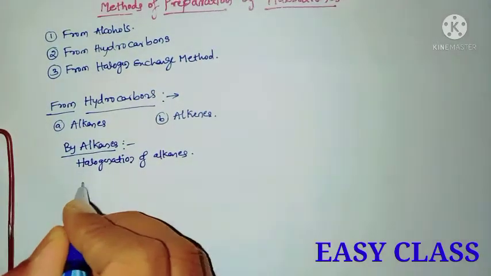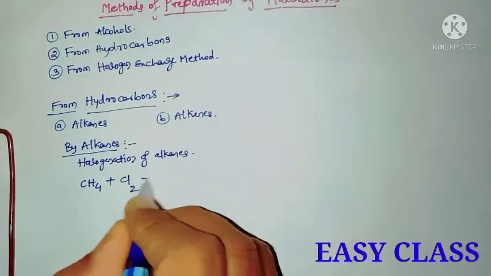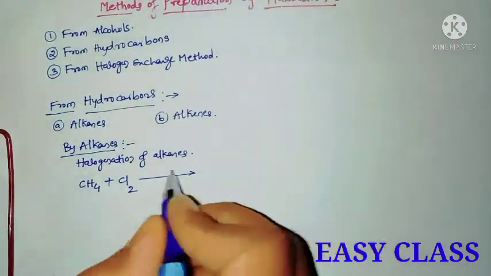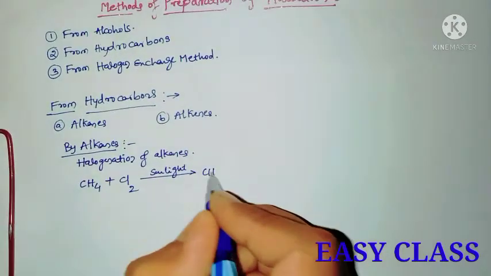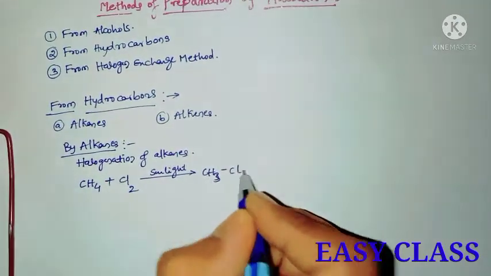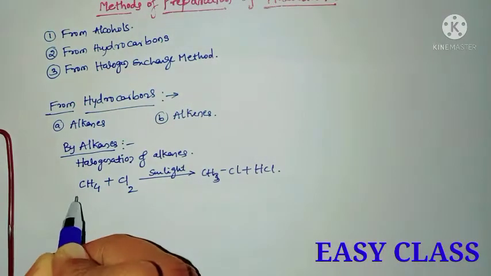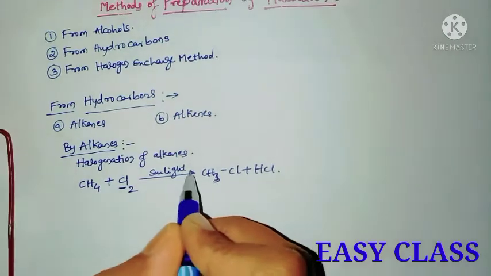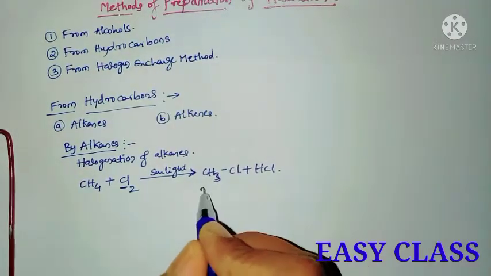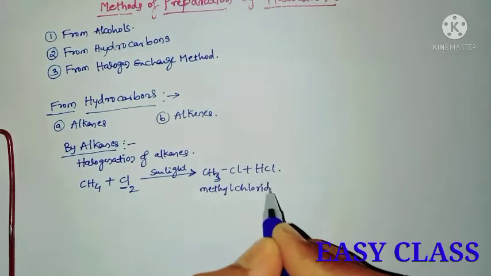I will take an example and write the reaction here, then I will explain. So this is the halogenation of alkanes. In this reaction, I have taken methane. Methane, when it reacts with chlorine in the presence of sunlight, gives methyl chloride and HCl.